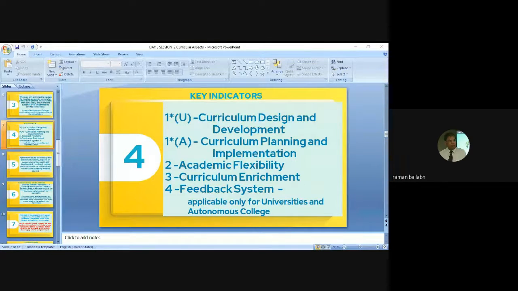Navedita ma'am, you wanted to add something? Yes, sir. Regarding Professor Faruqi's query, I would like to add one thing, the contribution of the affiliated colleges in curriculum design and development. Since NAAC has prescribed 1.4.1 and 1.4.2, affiliated colleges have to take feedback on the curriculum from the students, faculty, employers, and the alumni, and whether it is need-based, industry-based, or the outcomes have been defined in the syllabus.